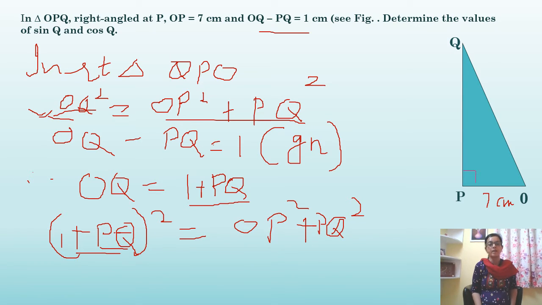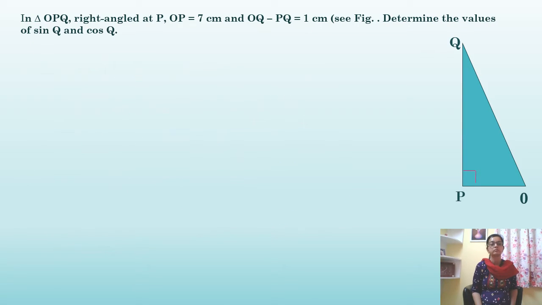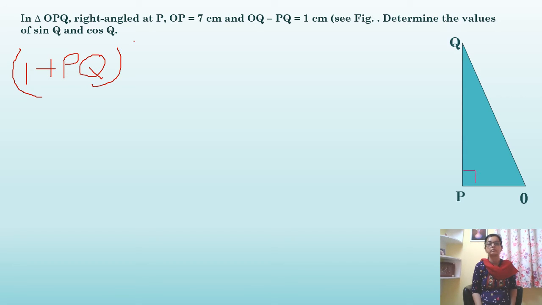Now let us expand 1 plus PQ whole squared, which is equal to, as we know, according to the Pythagoras theorem, we are having these two in RHS.